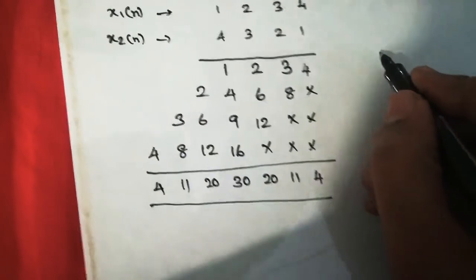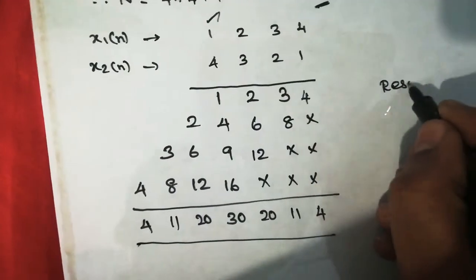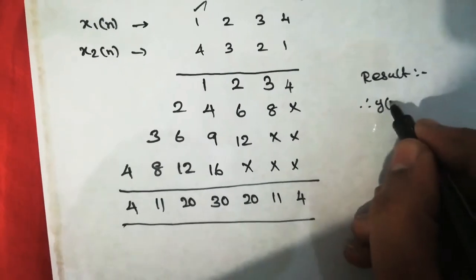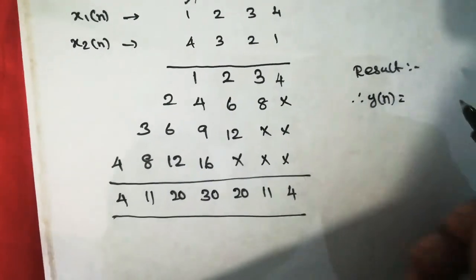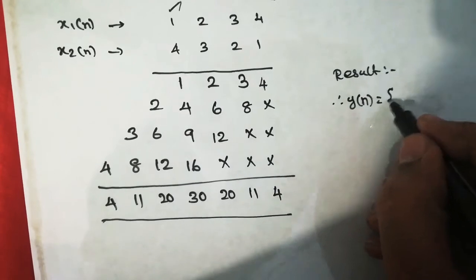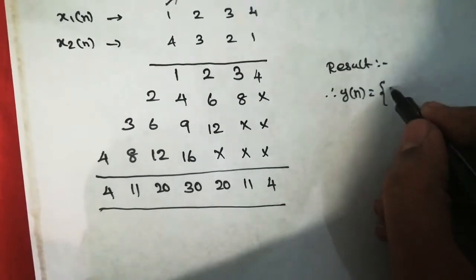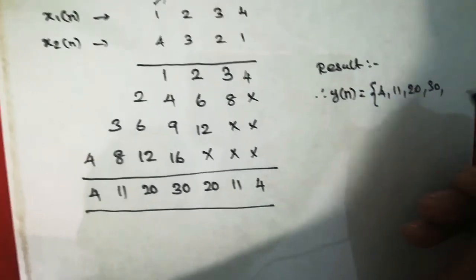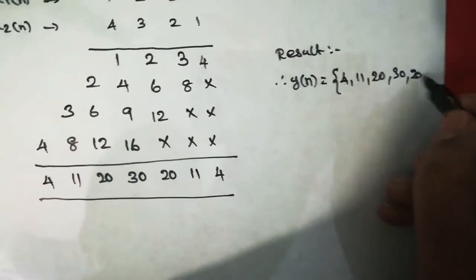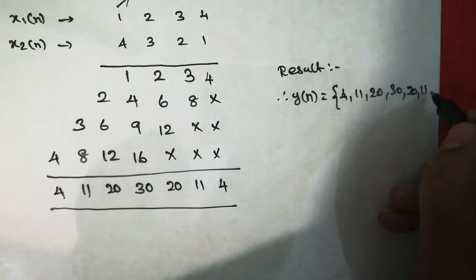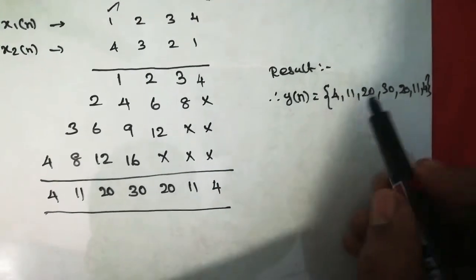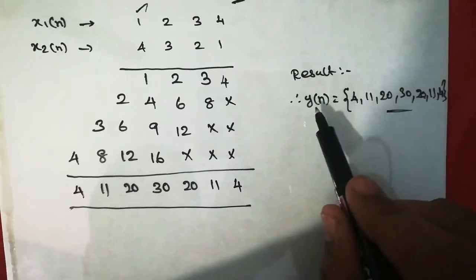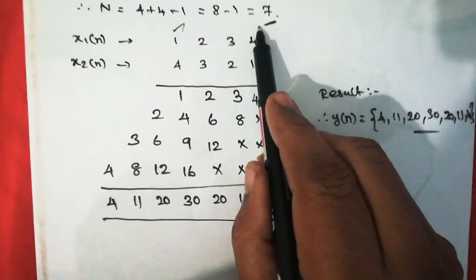So y of n, because y of n is the output response, written in sequence order is 4, 11, 20, 30, 20, 11, 4. Count them: 1, 2, 3, 4, 5, 6, 7. So the total length of the output sequence is 7.